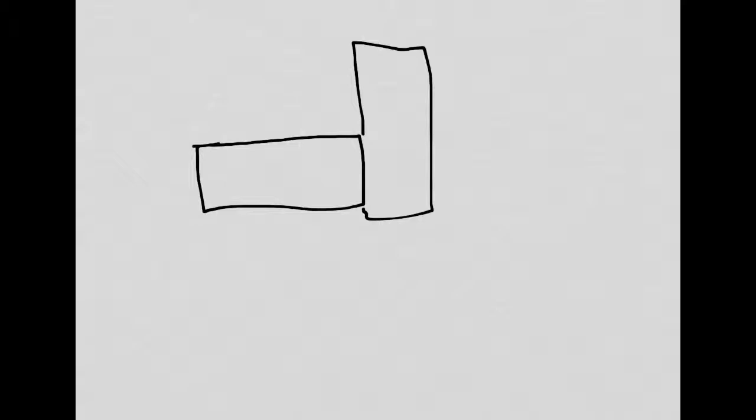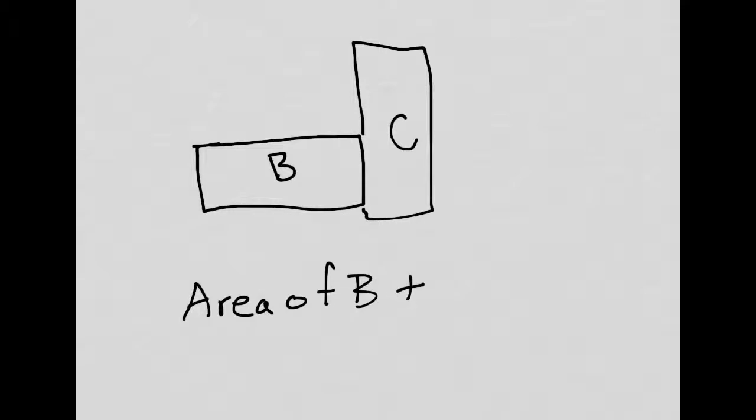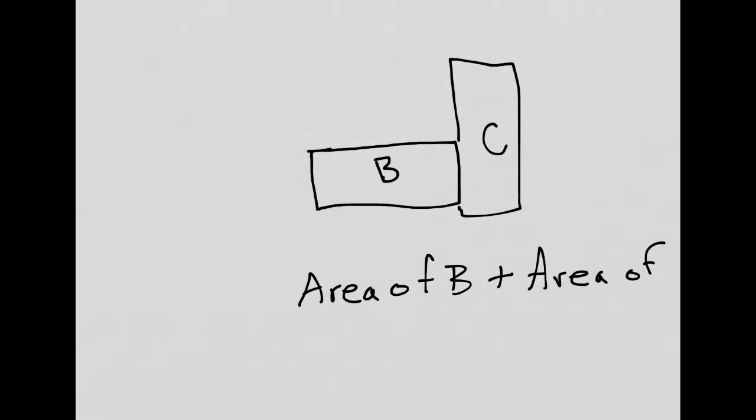Before adding in the numbers, let's think about what the problem is going to look like. I'm going to call this rectangle B, and I'm going to call this rectangle C. So the area of the 2 of them is going to be the area of B added to the area of C. And that's going to equal the total area.